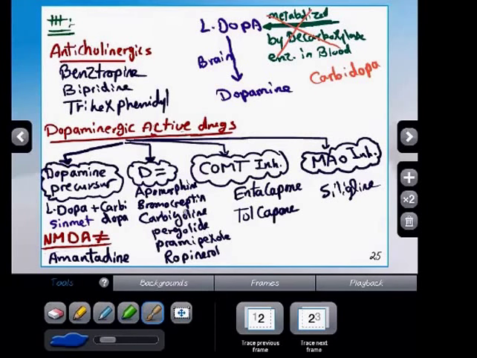Let's remember that bromocriptine, we used before in the treatment of acromegaly and gigantism, which is an increase in growth hormone. We also used it for people with hyperprolactinemia, because an increase in prolactin can be treated by increasing dopamine.